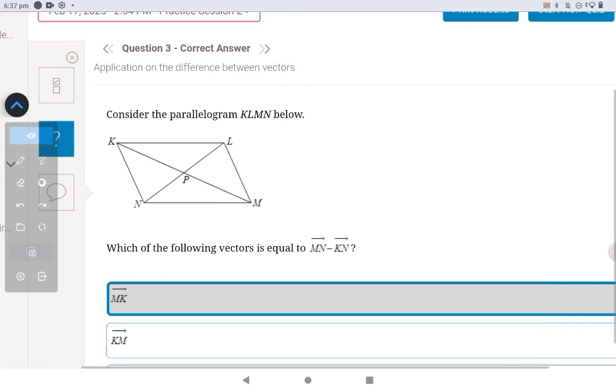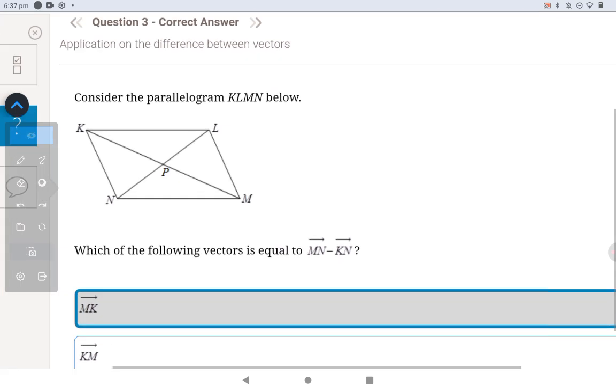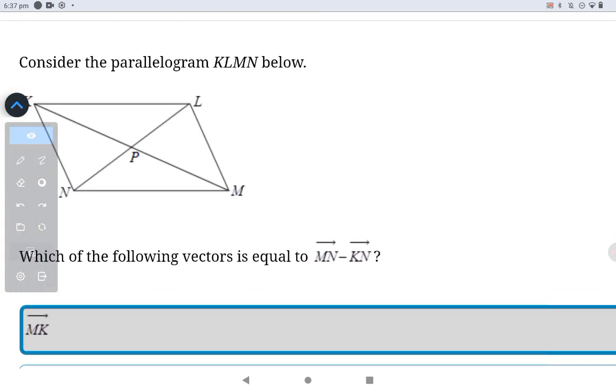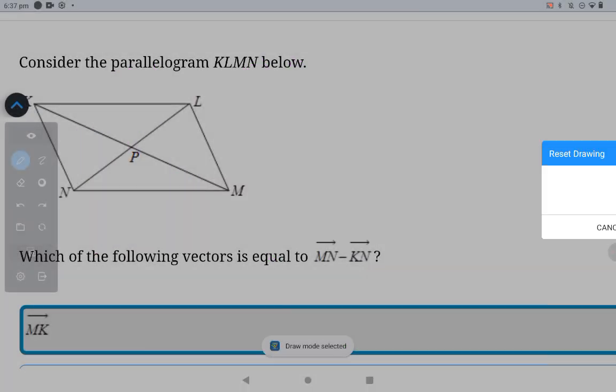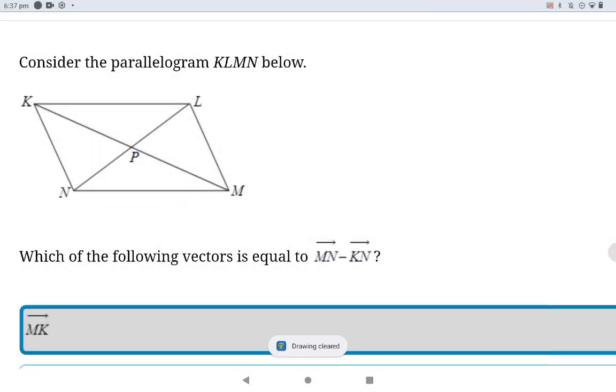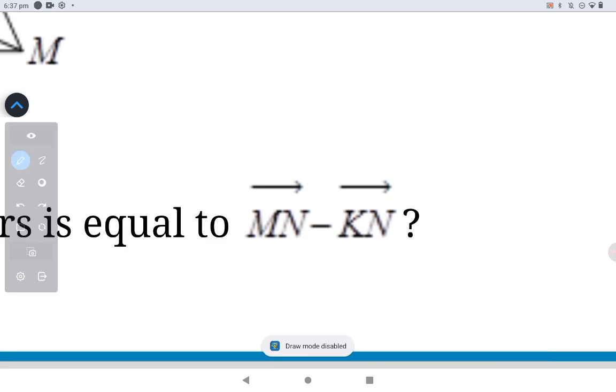Which of the following vectors is equal to Mn minus Kn? Listen up. When we have a minus, we can make it positive. How? The minus one, flip it.